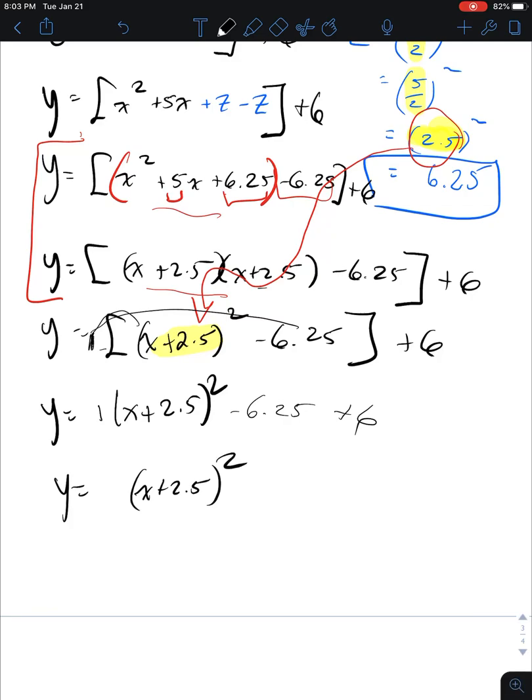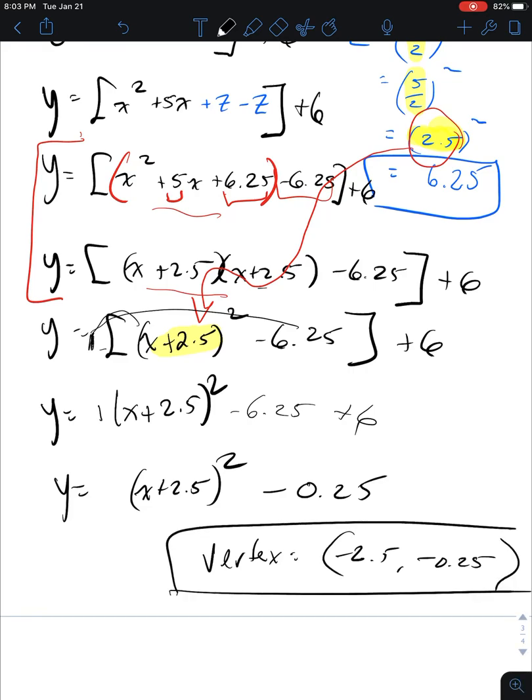Your final answer is going to be x plus 2.5 squared minus 0.25. And that's vertex form. So I can read the vertex. The vertex is negative 2.5 and negative 0.25.